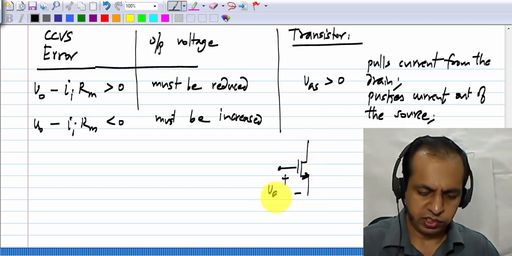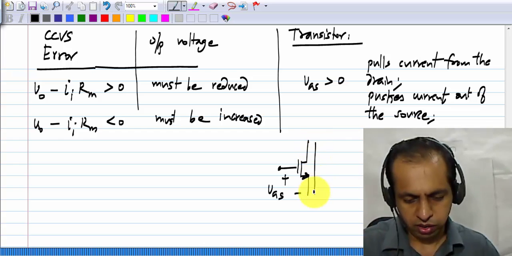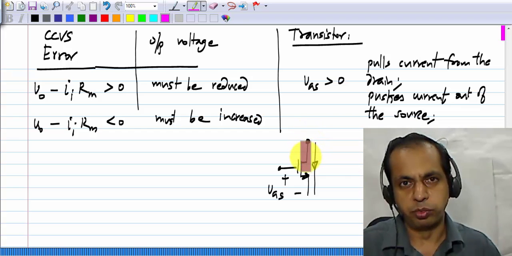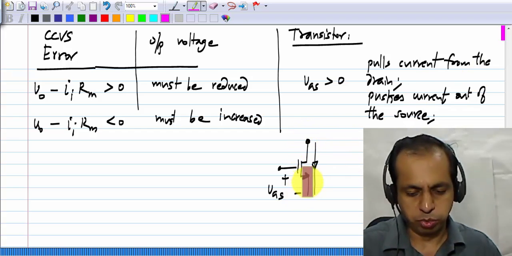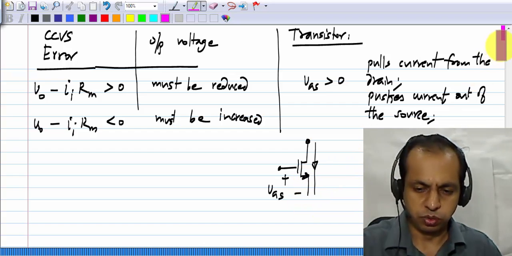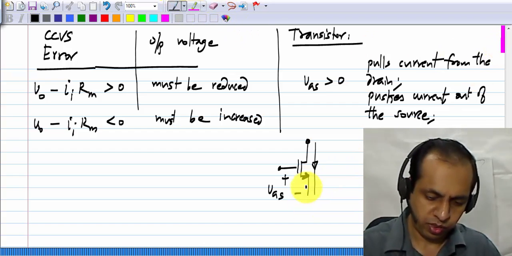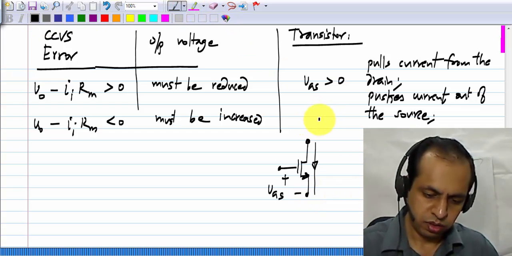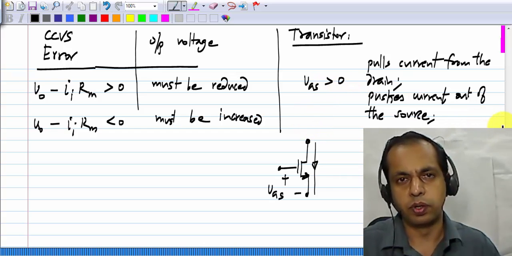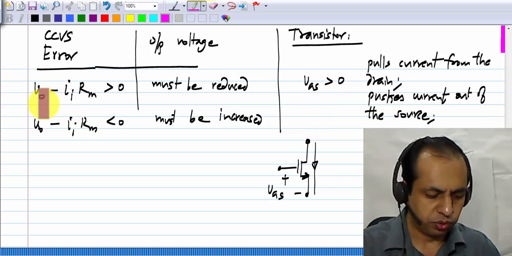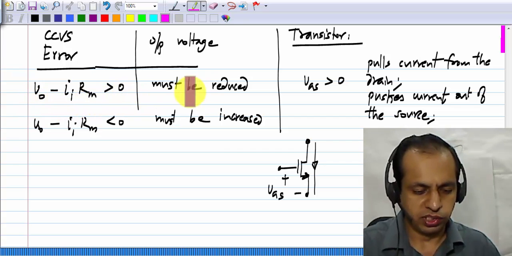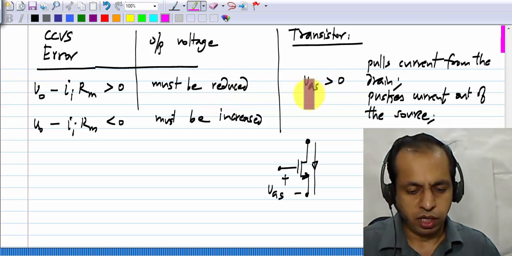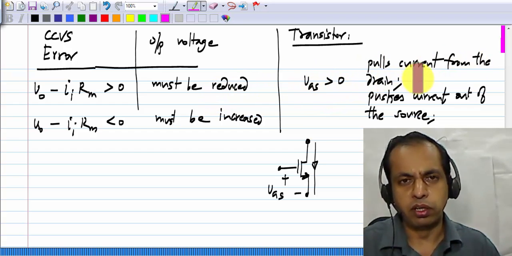If the incremental VGS around some operating point is more than 0, then there will be an incremental current flowing from drain to source. It's pulled from the drain terminal, so the drain voltage tends to reduce, and it's pushed into the source terminal, so the source voltage tends to increase. Okay. Now, similarly, if VGS is less than 0, the opposite happens. Now, if you compare these two, V0 minus IIRM, if this is more than 0, the output voltage must be reduced. So the current must be pulled from the output node. And if VGS is more than 0, current will be pulled from the drain node.